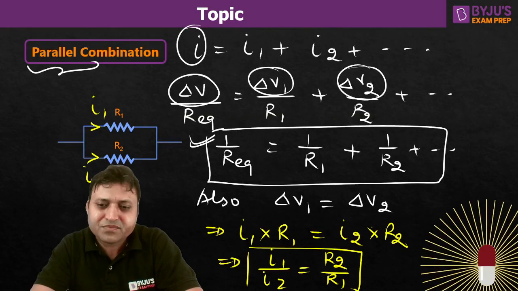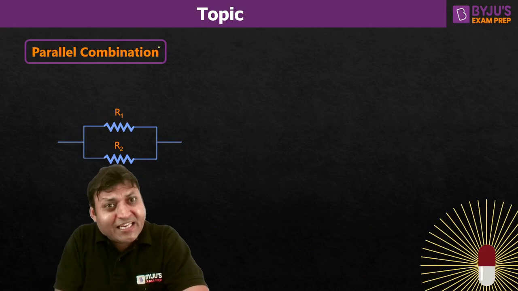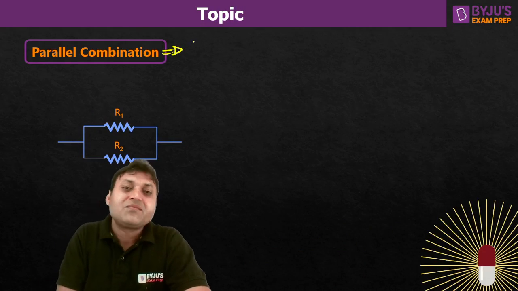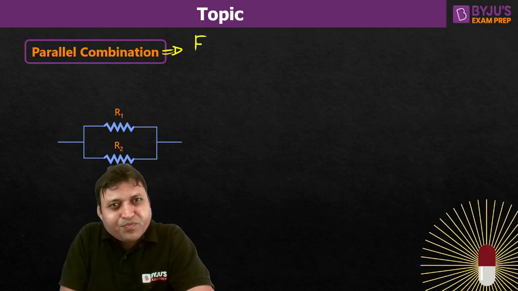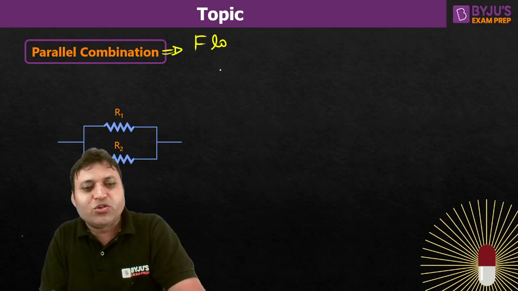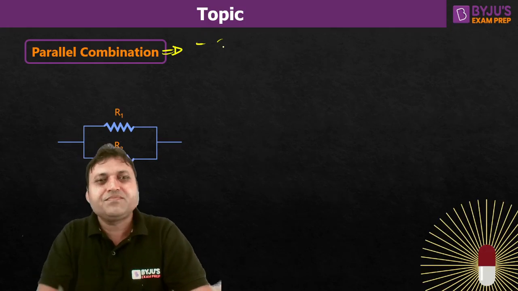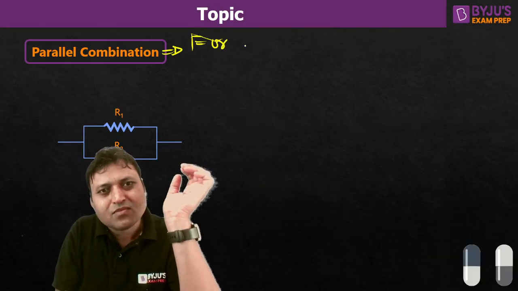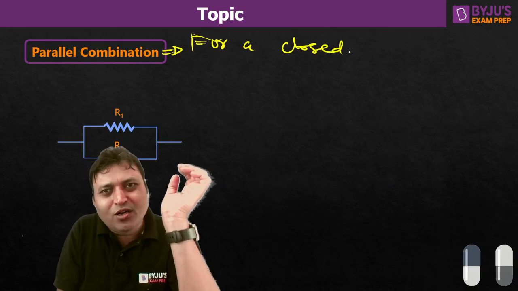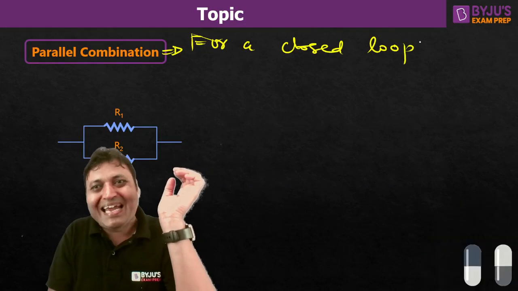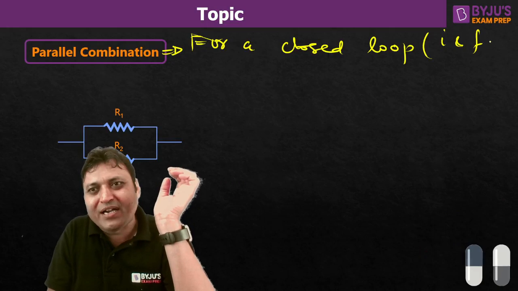For parallel combination, what we can also say, for a closed loop. What is a closed loop? When the initial and final points are same.